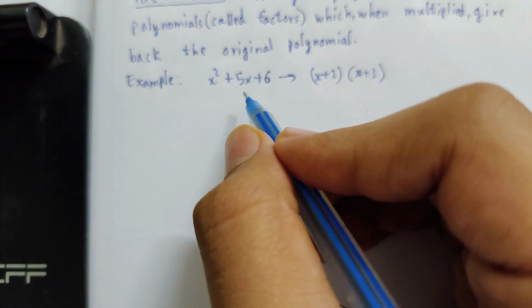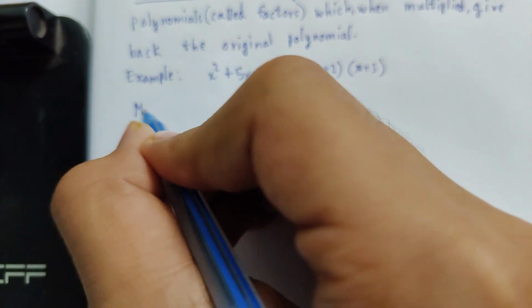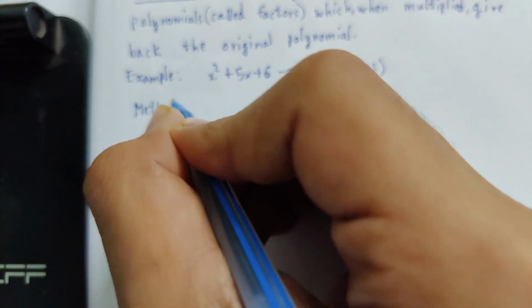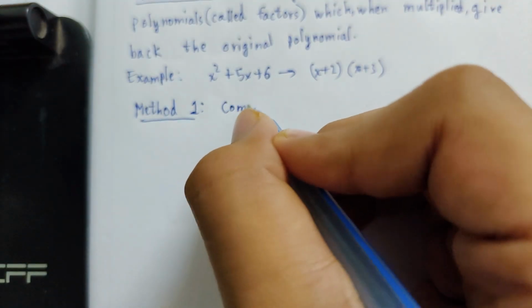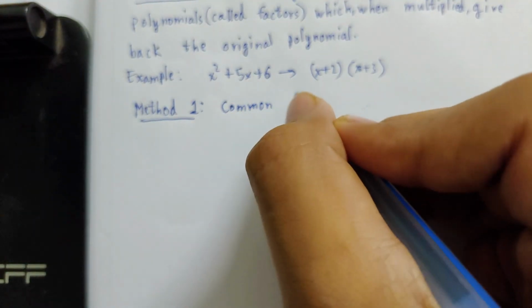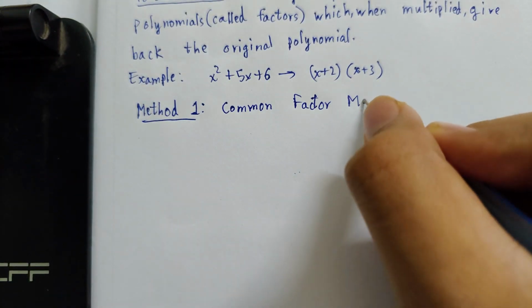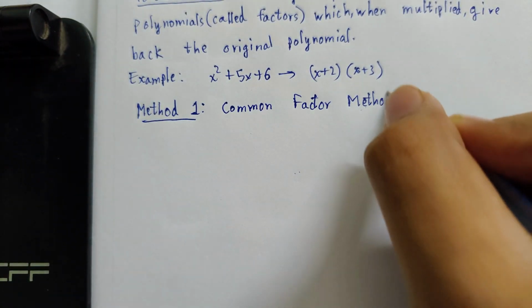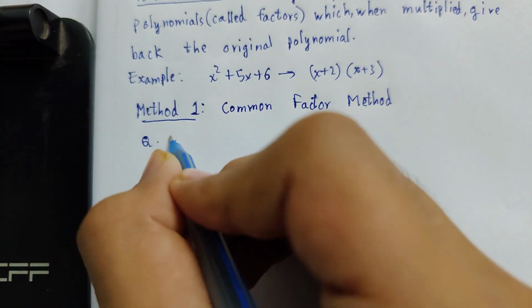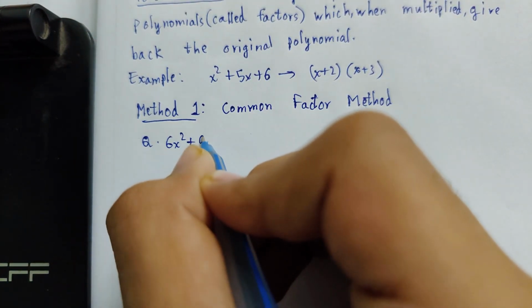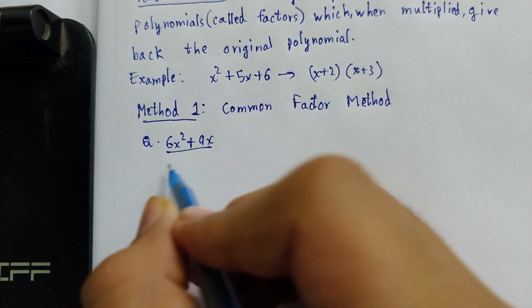Now I'm going to tell you some methods to calculate the factors. Our method 1 is the common factor method. The question is 6x square plus 9x.